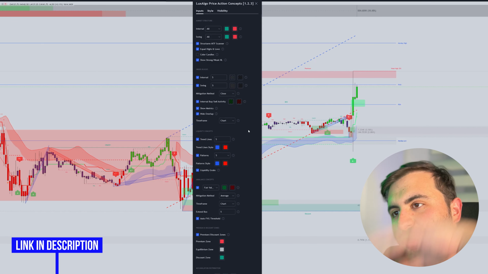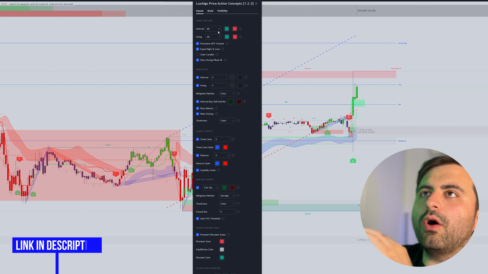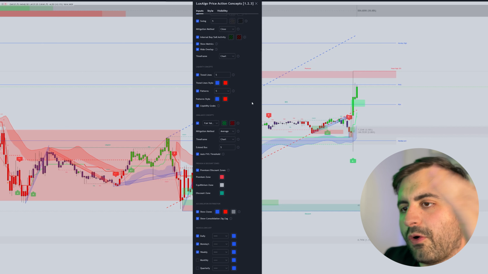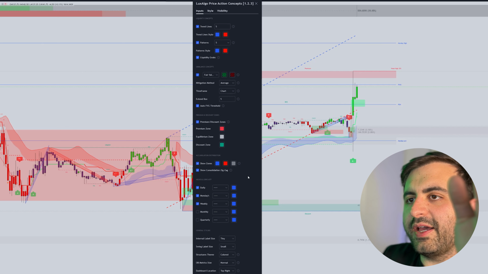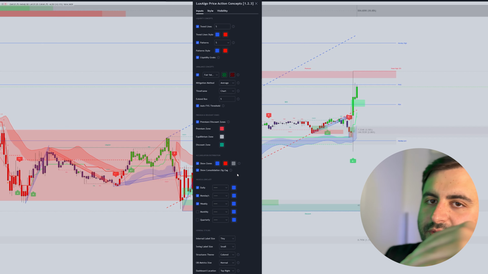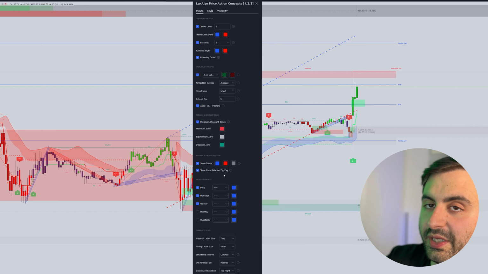I know it's a huge list, but we will go one by one. I set all my internal to all, swing to all, you can see, and you can copy if you want. I always set my highs and lows because it gives me support, resistance, or buy side, sell side liquidity zones, whatever you call it.